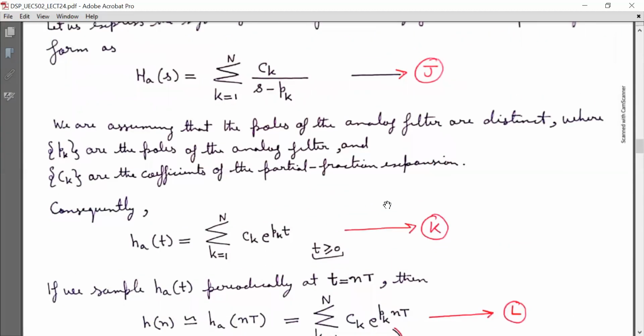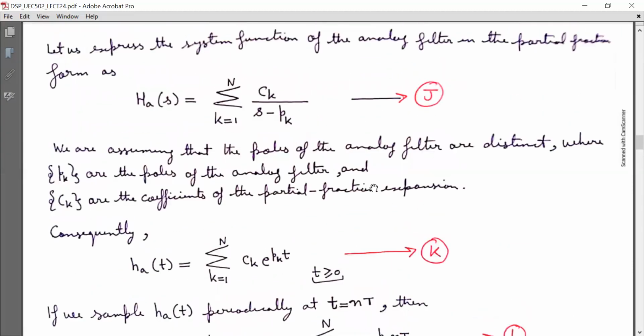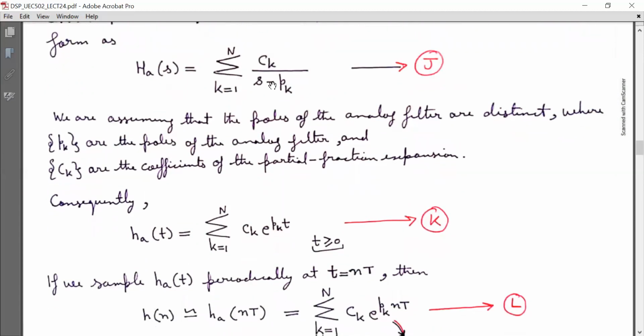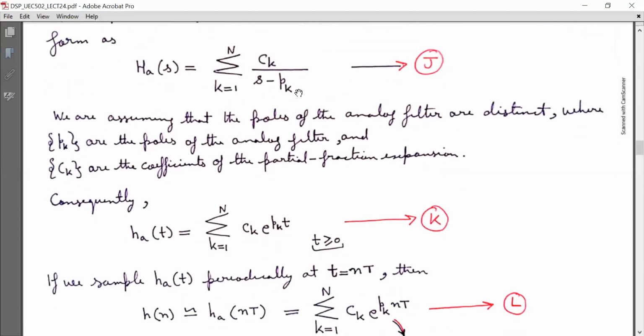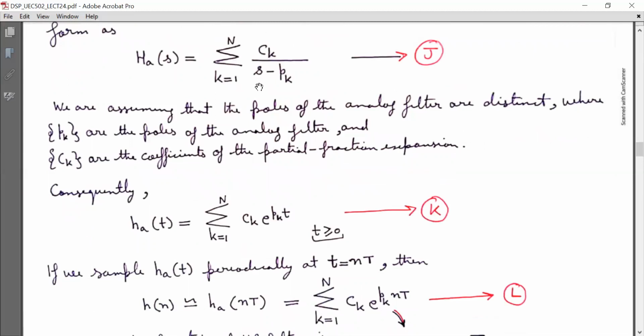If you look at this sheet, first we considered the system function of the analog filter H_a(s). Then I expressed it in the partial fraction form, where the poles are distinct, Ck are coefficients of the partial fraction expansion, and s indicates it is in the Laplace domain.